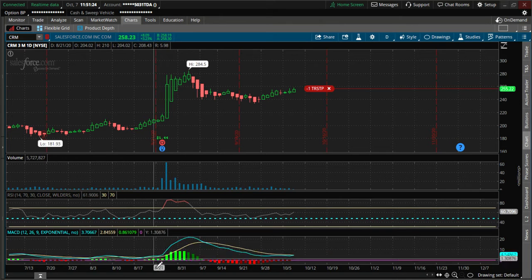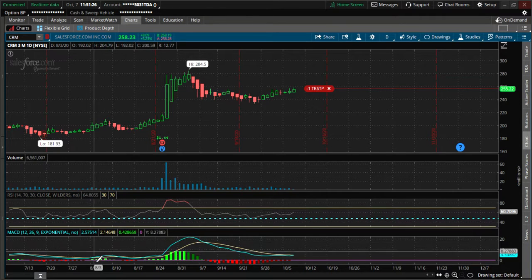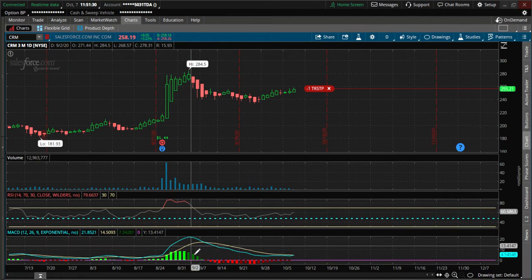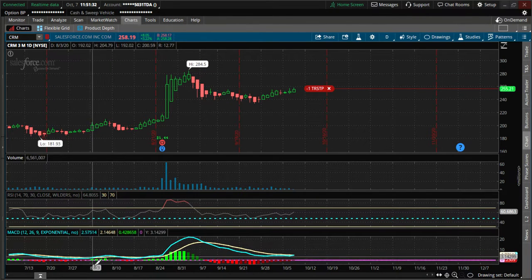Okay, so whenever the candles, we're not looking at the lines at all, whenever the candles cross that zero line, that's momentum changing. So let's take a look at this day.